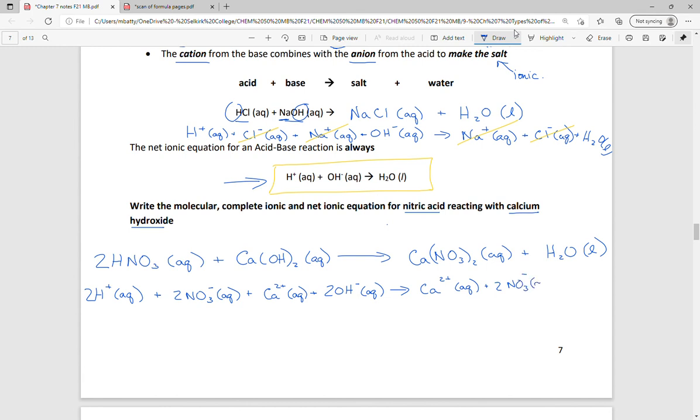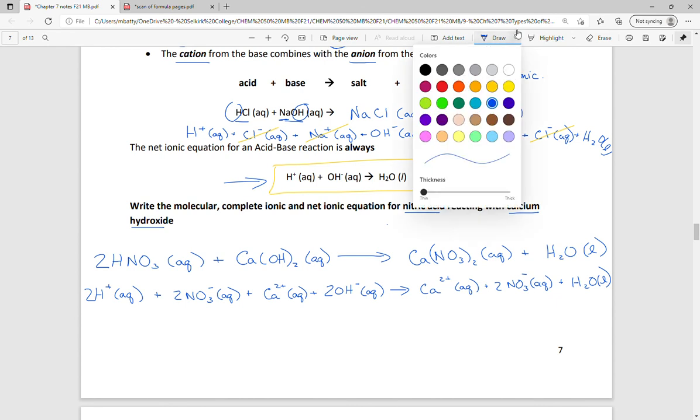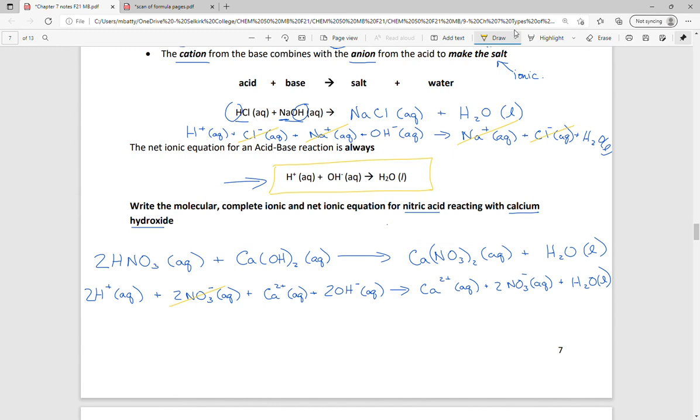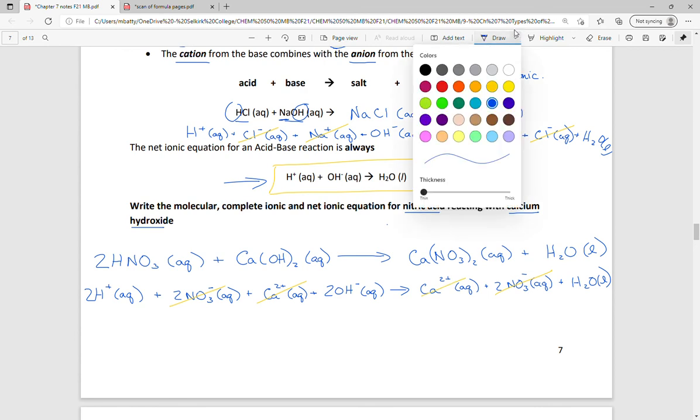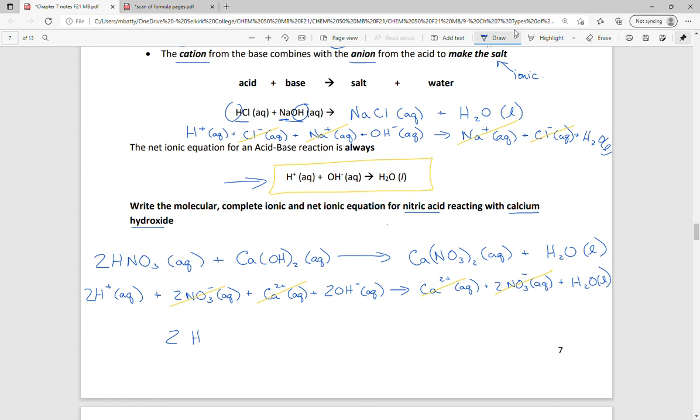They're definitely hand cramping exercises to do. And so that would be my complete ionic equation. So now I take a look at anything that's a spectator ion, which I can sort of ignore, and I'm trying to form my net ionic equation. So anything that's left behind would give me my net ionic equation.